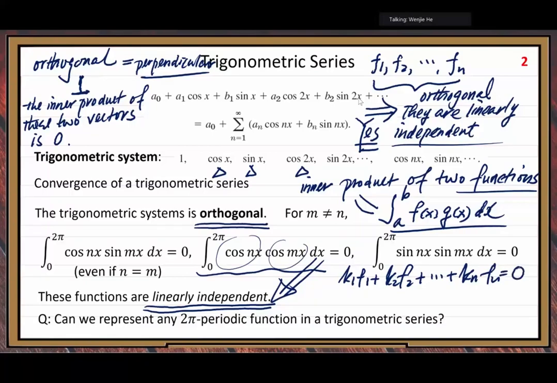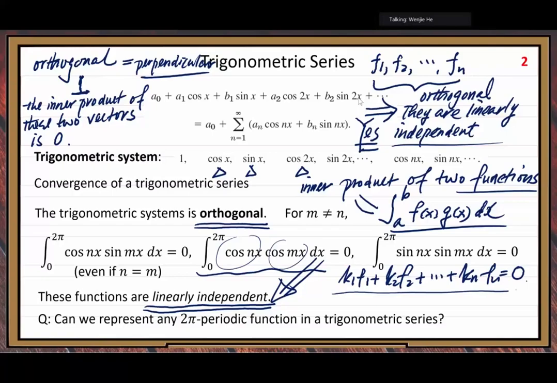So we do not need to use contrapositive. Let's say if there exist k1, k2, ..., kn, all constants, such that this linear combination equals 0, then we can show all these k's must be 0. All these k coefficients must be 0. Then we can make the conclusion, right? So you cannot find non-zero ones.